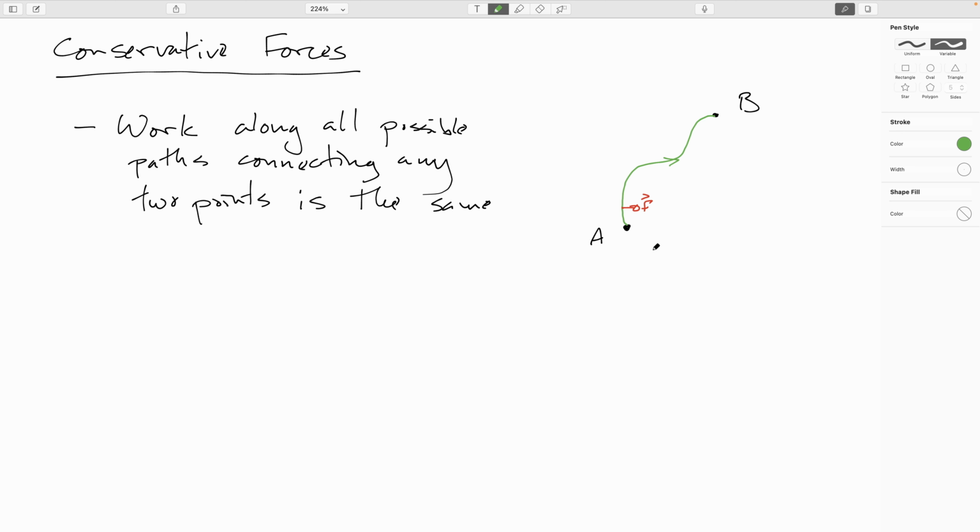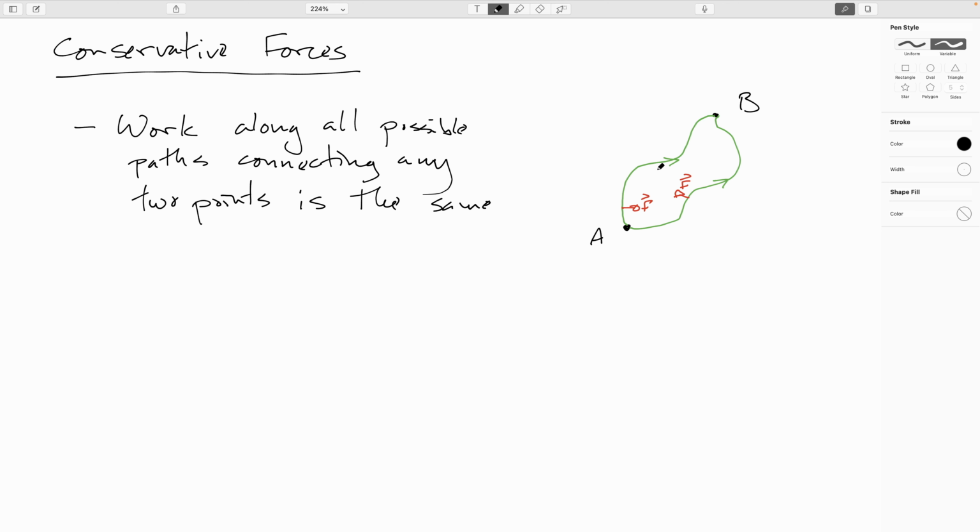If we go and calculate the work done along this path, and then say we take a look at that path that connects A and B, and at this point here that's what that same force was doing, the work along this second path has to be equal to the work done along the first path. And in fact, for every possible path that we could imagine between A and B, the work would have to be the same.